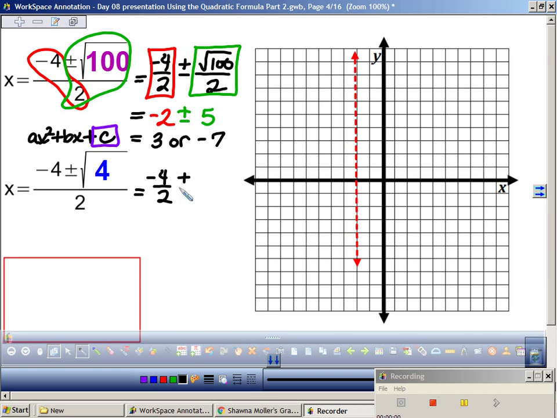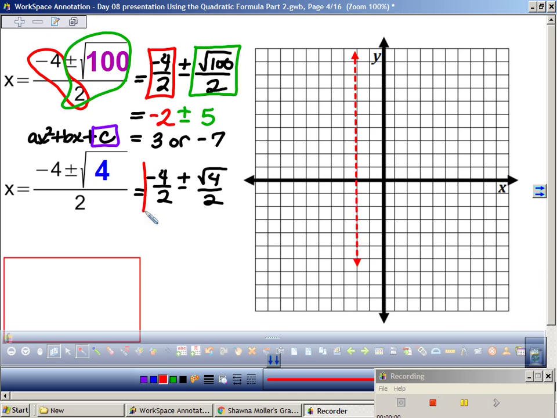All these are going to have the same axis of symmetry, plus the square root of 4 over 2. Do you want me to do this one together with you? Just going to let you guys be able to do it in your heads, right?